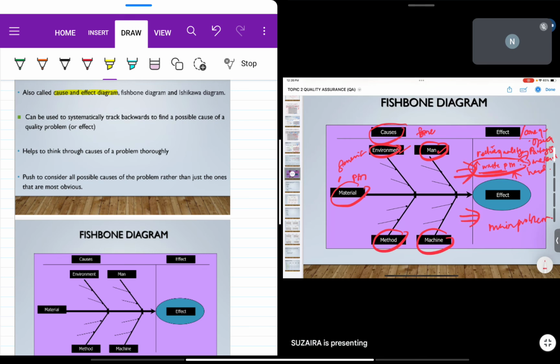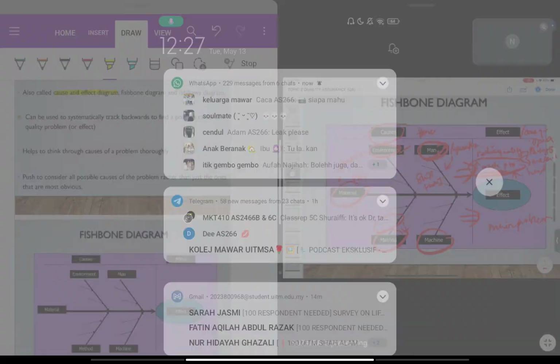Okay, but if we want to look deeper, you have other causes that contribute to this method or man. Man is like the operator. Whenever you talk about man or operators, the most important one is probably the skill, and training.